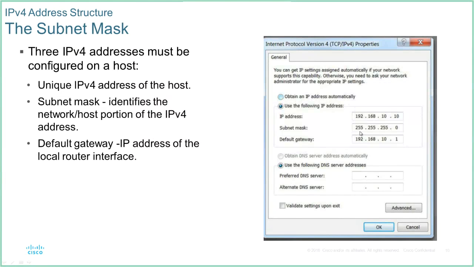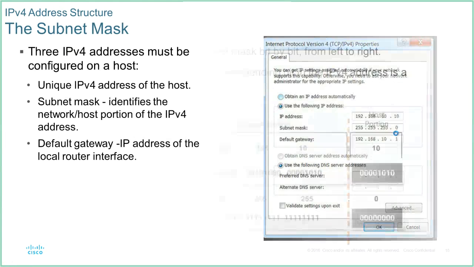Now, if we have all ones representing the network portion, that equals 255. So 24 ones is 255.255.255, and then the 8 bits are all zeros because they're turned off.